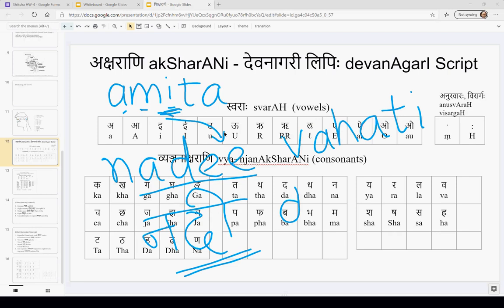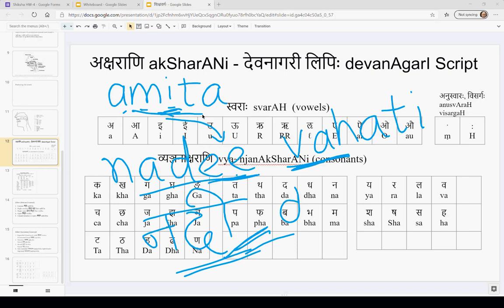Amita, Nadi Vahati. Amita, Nadi, Nadi, Amita. Amita, Nadi Vahati. So there is a word following that. If it is just standing by itself, it sounds like there is too much elongation, like Amita, Nadi, Nadi. But there is a word following that, and the doubling here is still there.